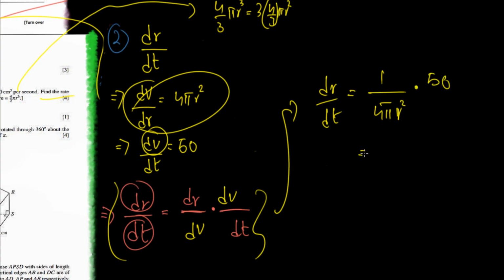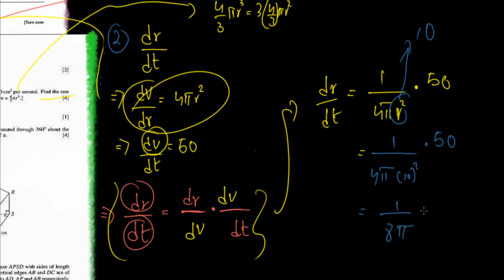Now I know from the question that I want to find the rate of change when the radius is 10. So I'll just substitute r with 10, multiplied by 50, and that's it. You plug in the values into your calculator and you should get the answer to be 1 by 8 pi, or 0 point something, and again that's it. That's your answer right there.